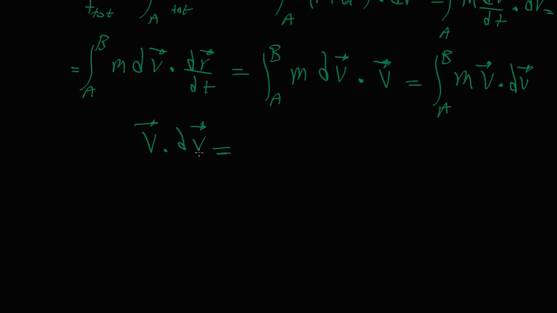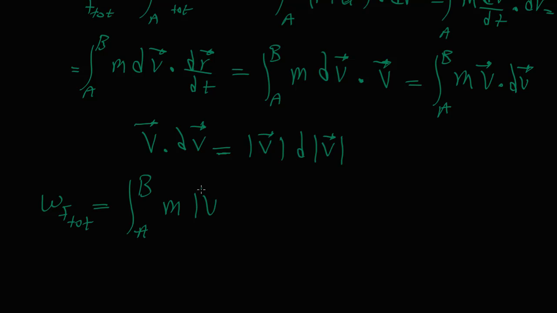I'm saying that this quantity is equal to the magnitude of velocity times d of the magnitude of velocity. I will prove this. But if we assume that this equation is correct, I can further simplify. I can say that Wf total is equal to the integral from a to b of m v dv.